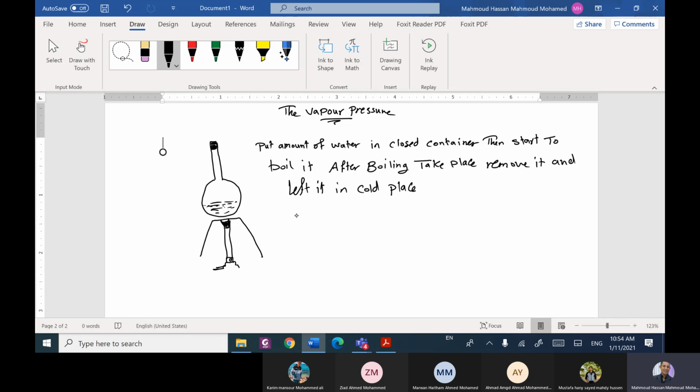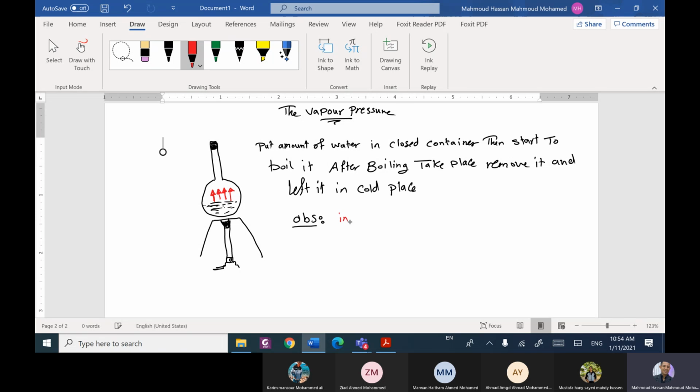طيب الobservations بتاعتنا يا شباب ايه هي؟ Firstly, you will find the rate of evaporation will be increased. The amount of the vapor that saturates the container is increasing.